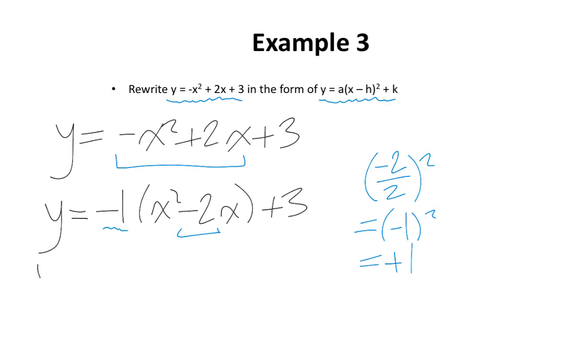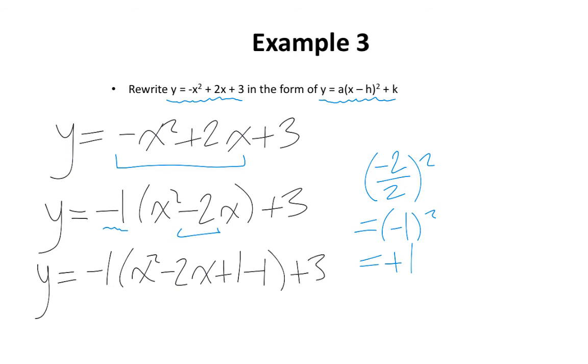So I'm going to add 1 and subtract 1 from the brackets. Because positive 1 subtract 1 is basically 0, and if it's 0, that means we haven't really changed the equation.